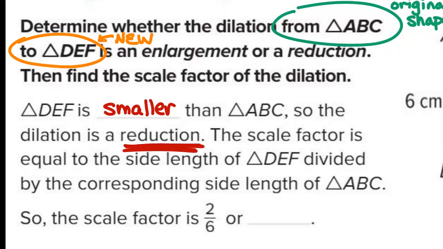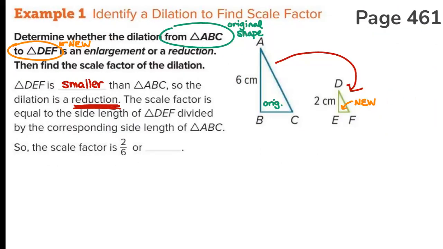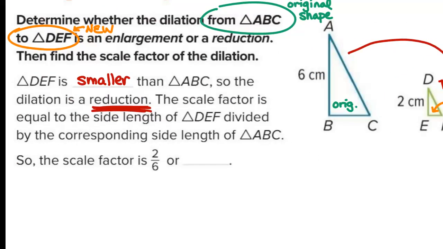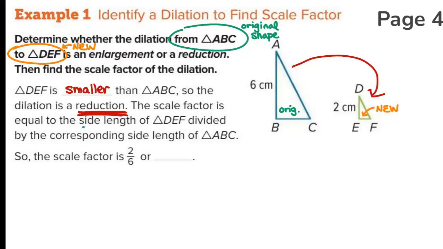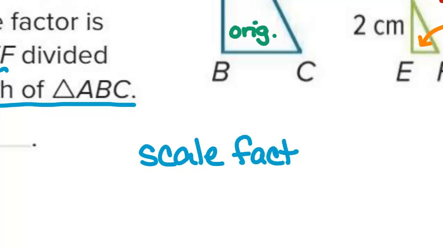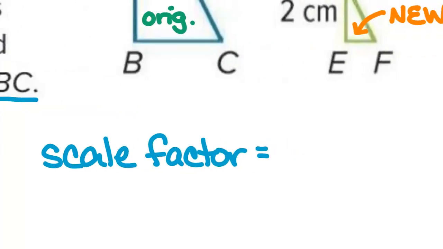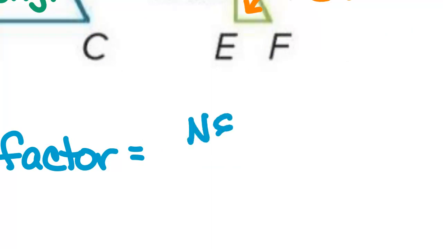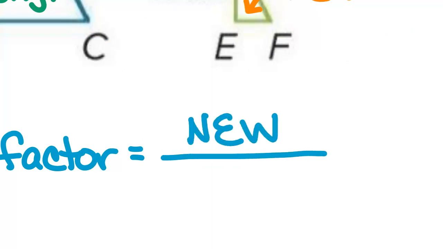Reduction. To find our scale factor, we're going to divide the side length of triangle DEF by the corresponding side length of triangle ABC. So remember, scale factor is equal to new divided by original.